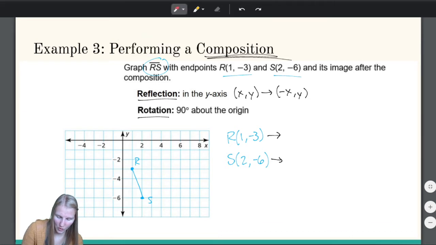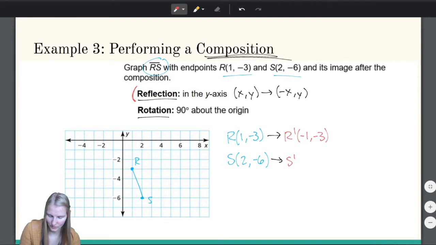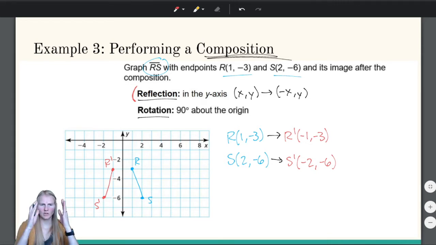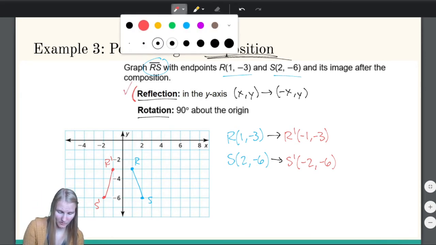So, my coordinates for R prime and S prime after I do the reflection are 1, 3, and -2, -6. Let's graph these. 1, 3 is R prime, and -2, -6 is S prime. Does that look like a perfect reflection? Yes, it does. Awesome. We're done with our reflection.